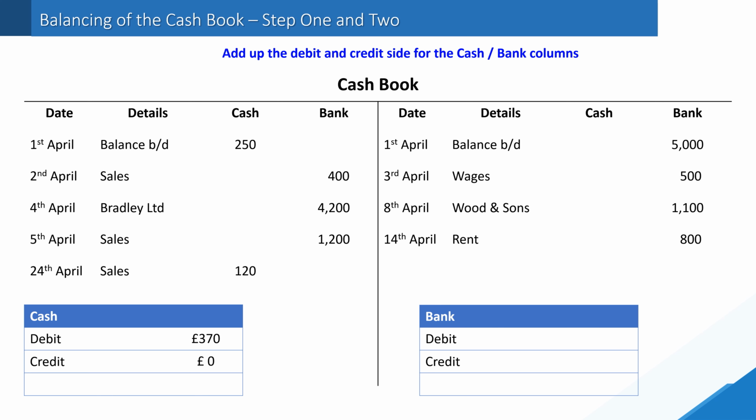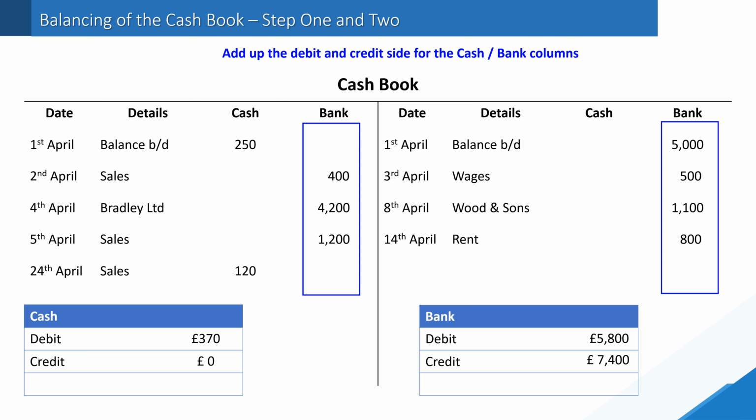The debit side of the cash book for bank is 5,800 and the credit side is 7,400. Instantly when we look at that, we can see that our payments are greater than our receipts, and what that means is that we've paid out more than we've received, and that's something we may need to be mindful of when it comes to steps 3 and 4.